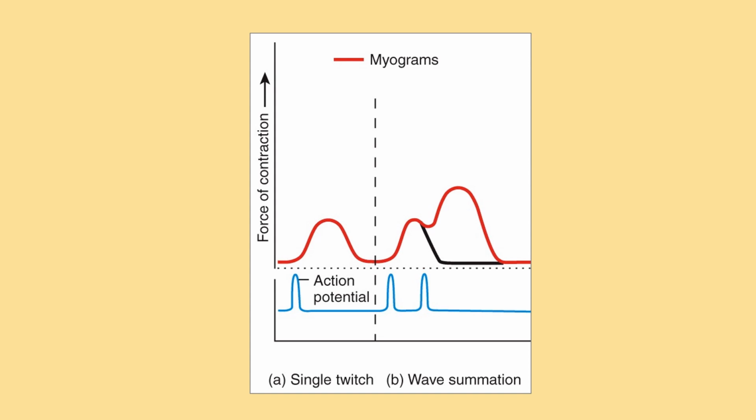And this second muscle action potential occurs before that muscle cell has fully relaxed. So some of those cross bridges have still formed, and this will lead to the release of additional calcium from the sarcoplasmic reticulum. And notice that following that second muscle action potential, a much greater force of contraction is observed in that muscle cell.